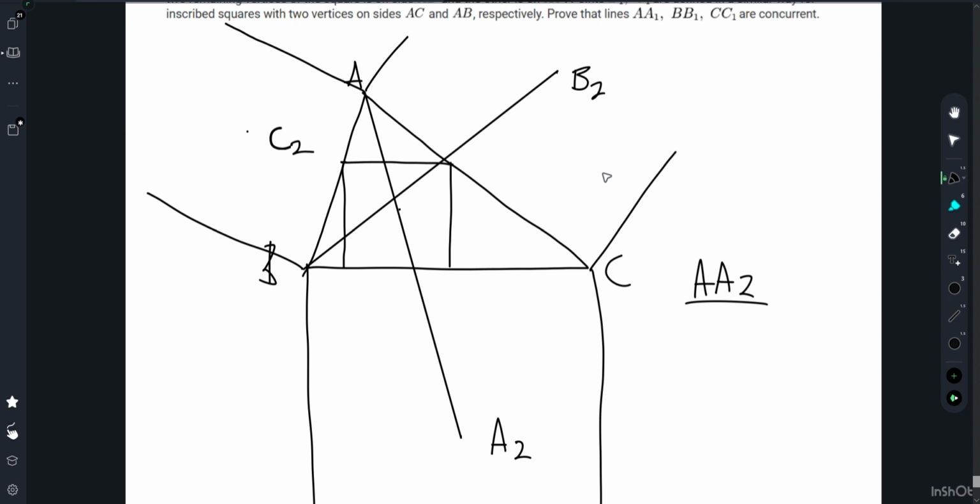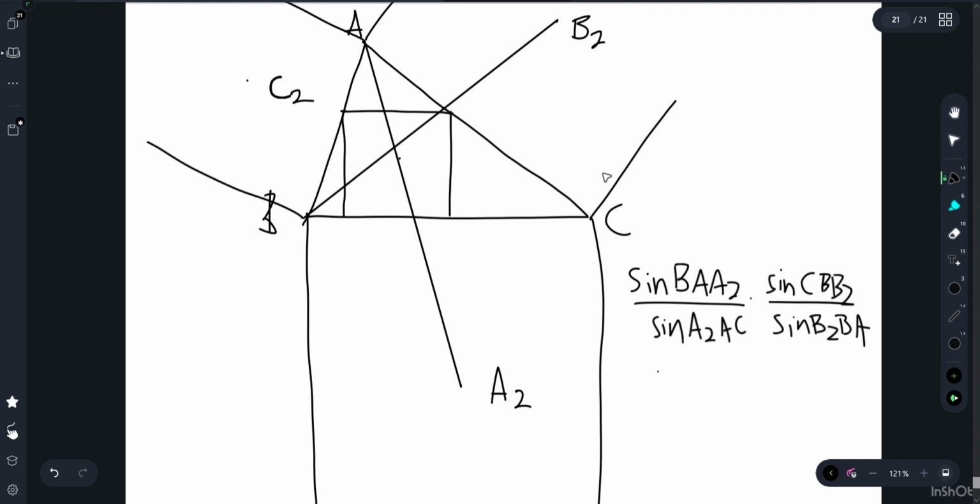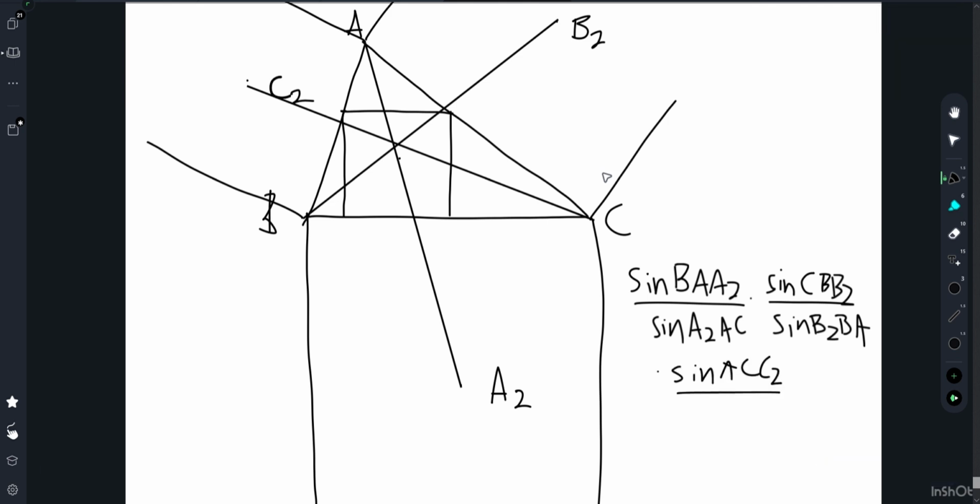And also what we want to use is the trigonometric Ceva's theorem, which states sine BAA2 over sine A2AC times sine CBB2 over sine B2BA times, let's just connect this for simplicity, times sine ACC2 over sine C2CB. So you want to prove this is equal to 1, right?